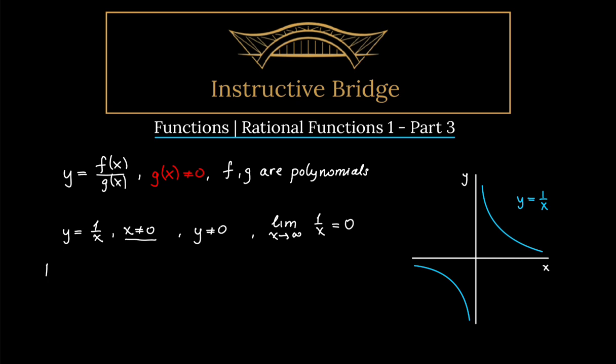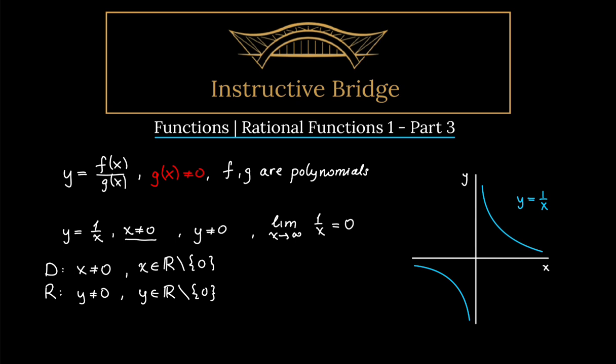The simple one for domain, you can just write that x doesn't equal 0. A more mathematical way to express this would be x belongs to all real numbers excluding the number 0. And of course, we can also write the same thing for the range. y belongs to all real numbers except for one number, which is 0.